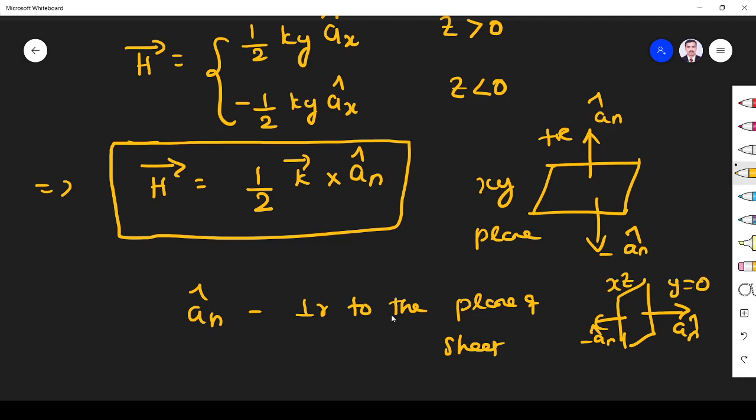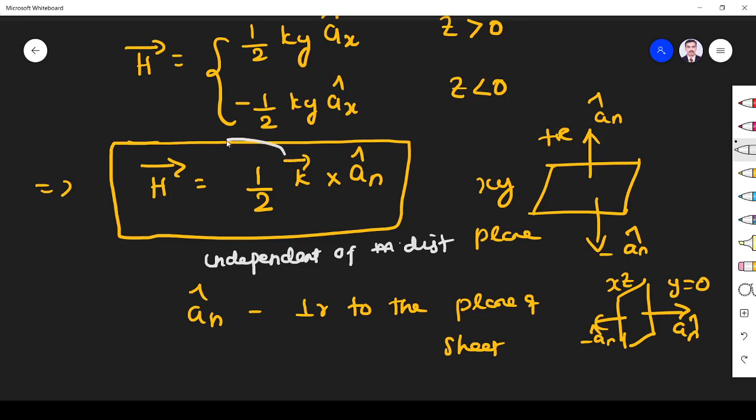So here you see the magnetic field is independent of distance. There is no r, there is no distance. It depends only on the surface current. So surface current produces magnetic field in the sheet, right? So independent of distance. We know as per Biot-Savart law, for an infinite current carrying conductor, line current produces magnetic field.